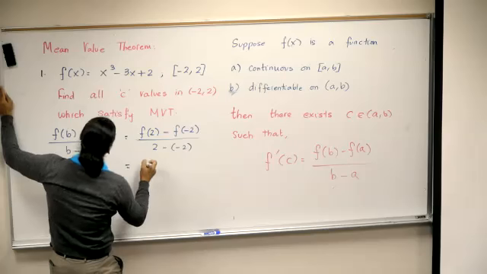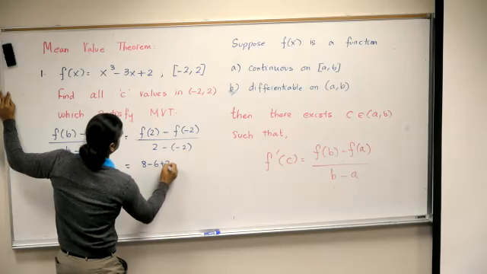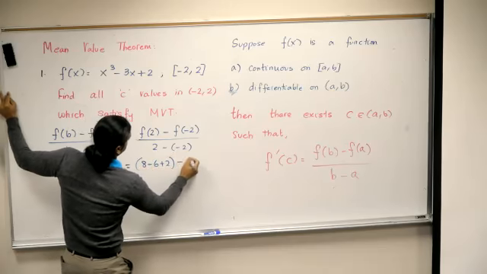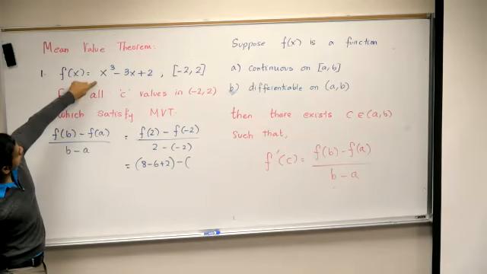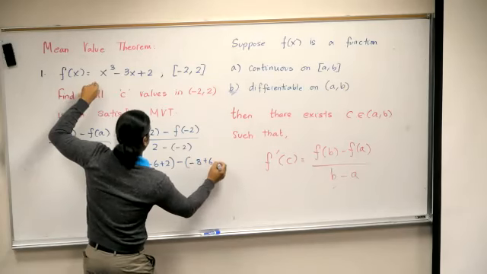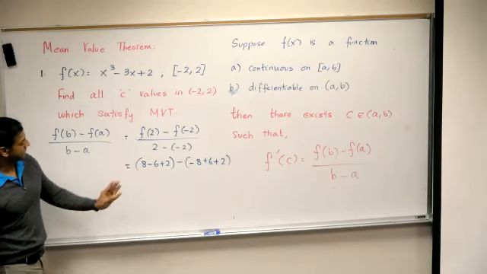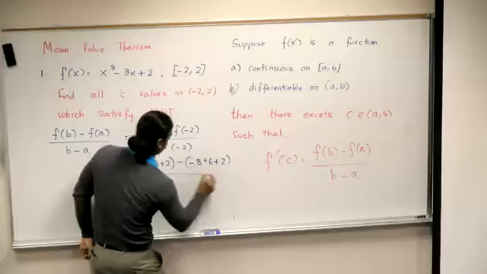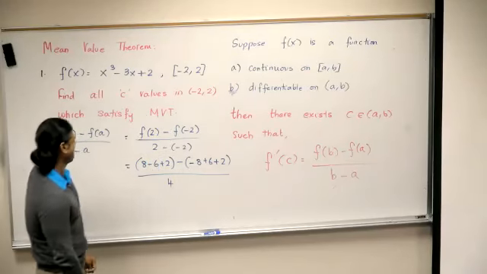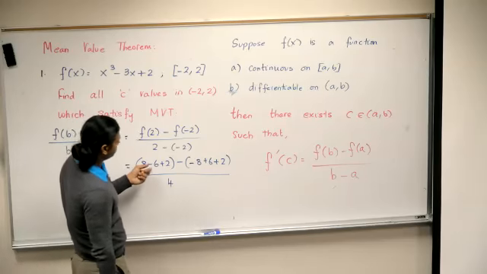If you plug it in, f of 2 is 8 minus 6 plus 2, minus f of minus 2, which is minus 8 plus 6 plus 2, divided by 4.